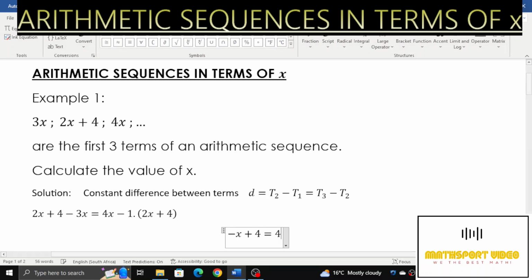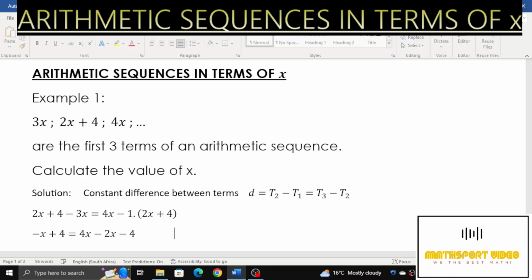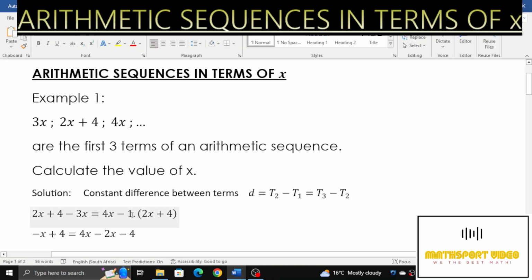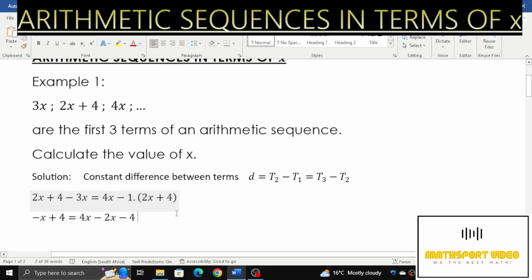So it's going to become 4x minus 2x minus 4. Remember, when you say minus 1 times 2x, it's going to give you minus 2x. And then when you work out minus 1 times positive 4, that is giving us negative 4. And then what is happening with this 4x in the front? Basically, you're just carrying it down into your next step.